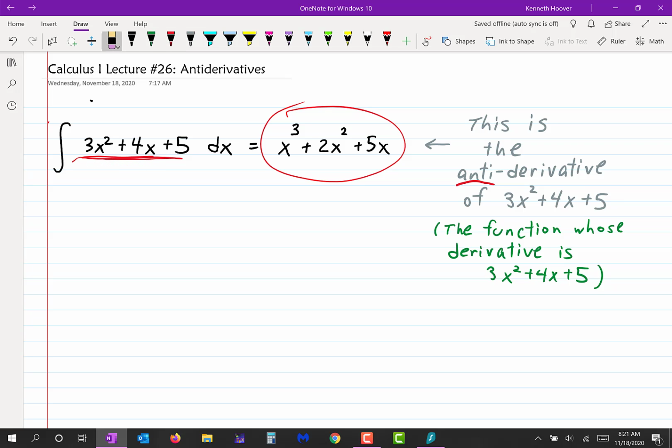Okay, now there's a bit more to this. I think that that's not the only right answer, because let's go ahead and write this down here.